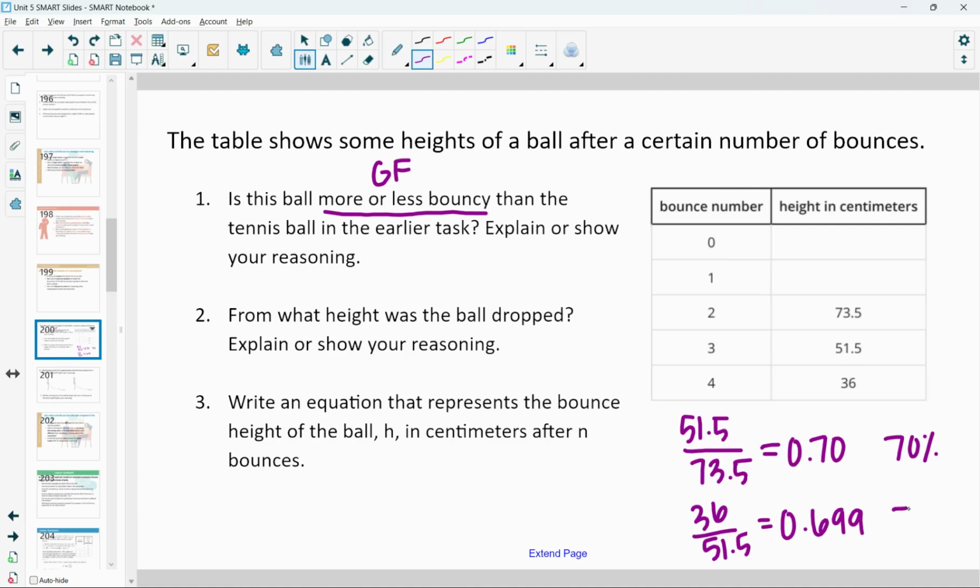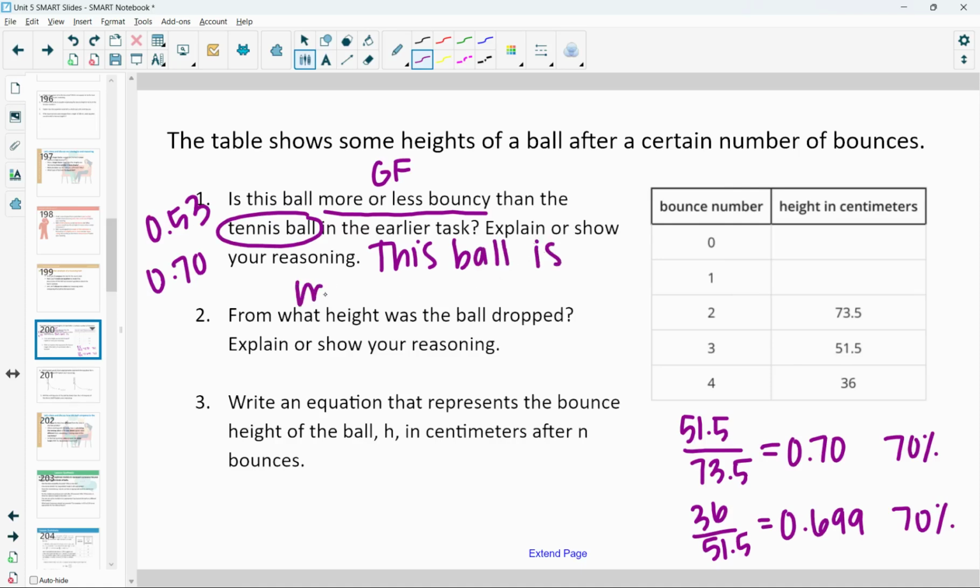So again, basically 70%. So this one is keeping 70%. So the tennis ball was keeping 53%, where this ball is keeping 70%. So this one is more bouncy. Okay, it's keeping a lot of its initial height.